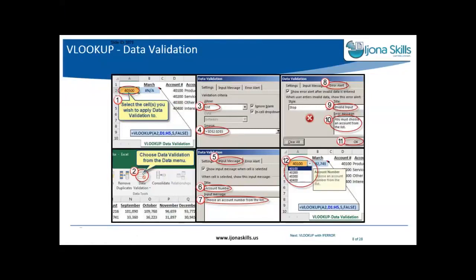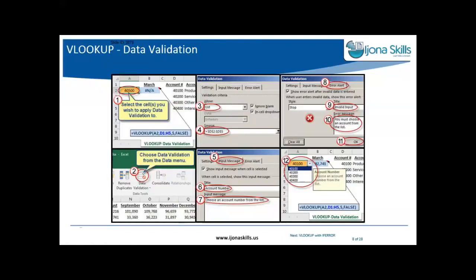What data validation lets us do, among many other things, is create an in-cell drop-down list so that we can limit the user to making valid choices from a list. To begin, we would select the cell or cells that we wish to apply data validation to. Step 2, we're going to choose data validation from the data menu.